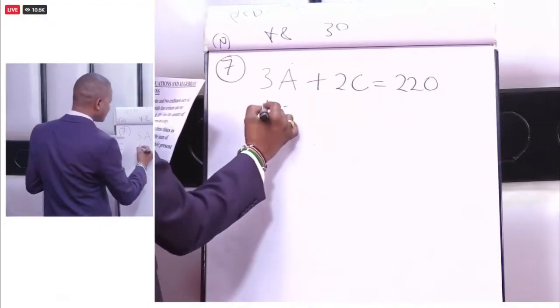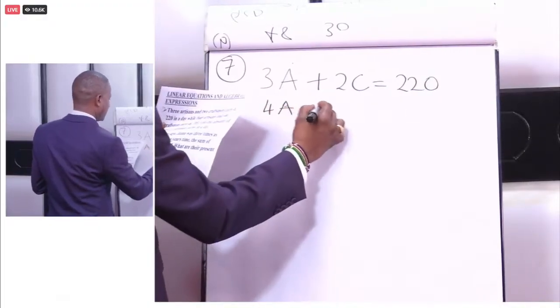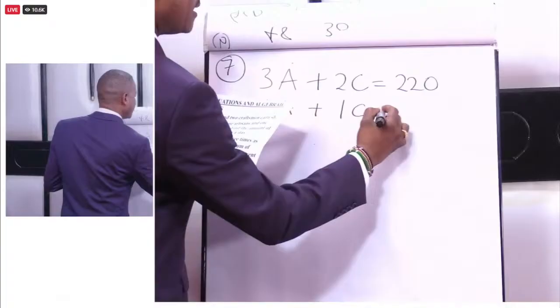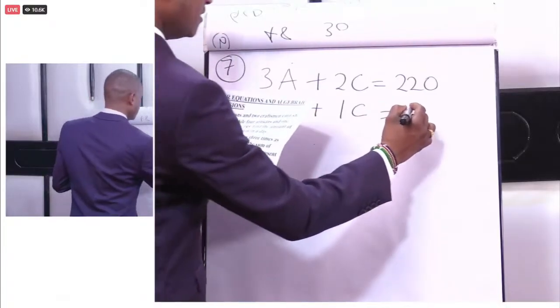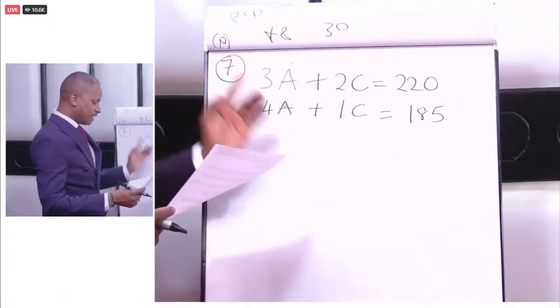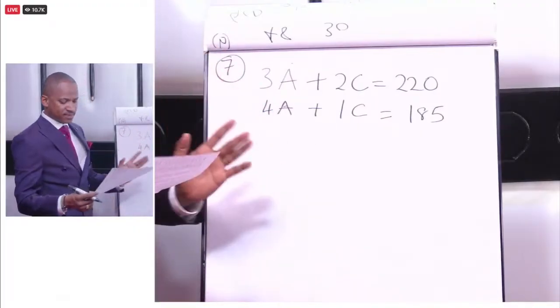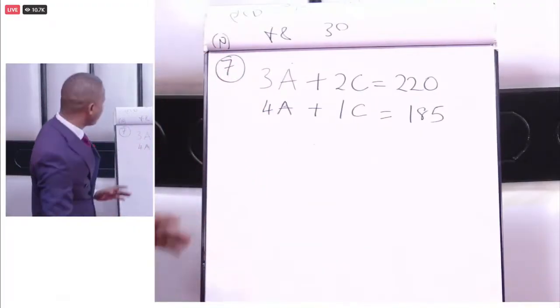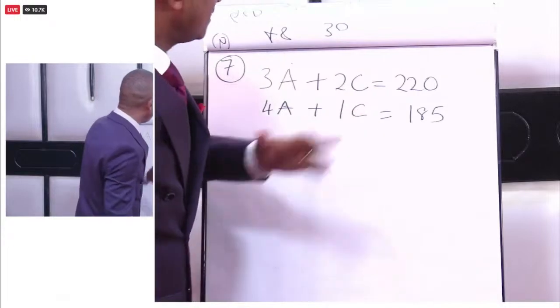While 4 artisans, 4A, and 1 craftsman earns how much in a day? 185 shillings. Find the amount of money a craftsman earns in a day.